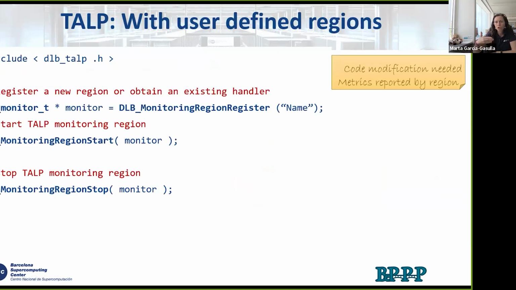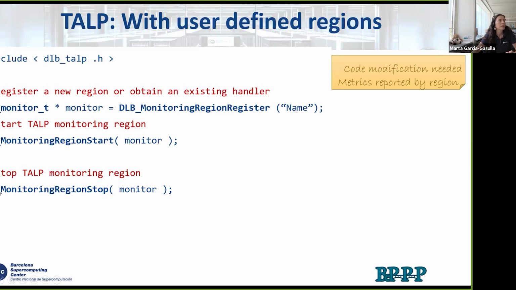Then if you want to do something else, you say, okay, I know my code. Now I see that TALP is very useful. I get my first metrics. And now I'm excited because I want to understand if my imbalance is inside the solver or inside the initialization or whatever.